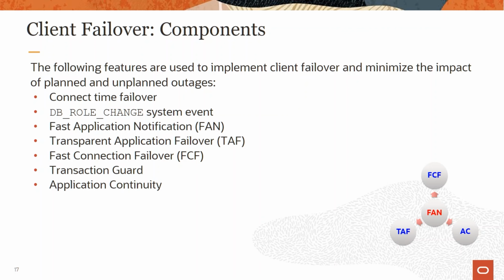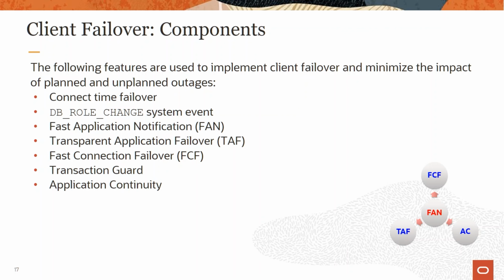Oracle will try the first address, second address, third address until we can connect to the instance where the service is running. And also, in case of a switchover or failover, if you are using the DB_ROLE_CHANGE system event, a trigger is invoked and also starts appropriate services in each database with the new role.